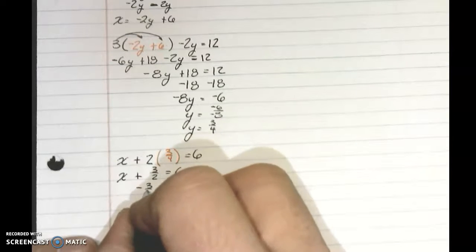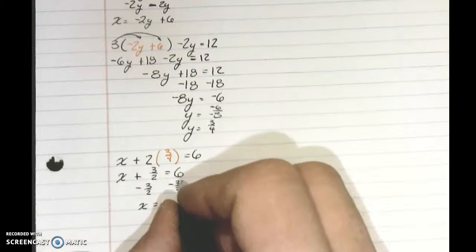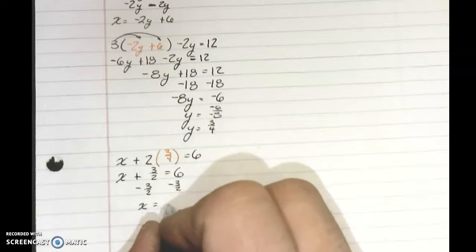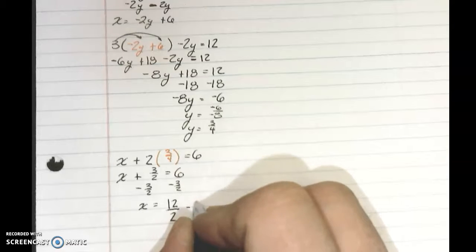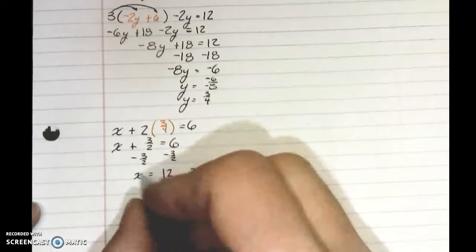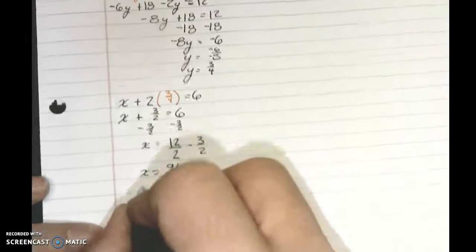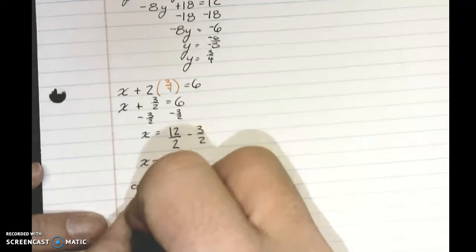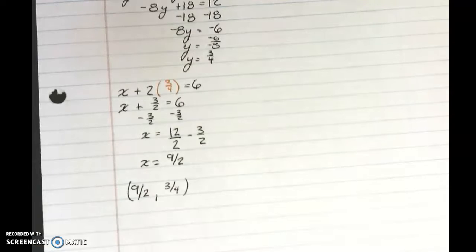I'm going to subtract 3/2. So if I need to, I'll even go old school. The common denominator is going to make that 12/2 minus 3/2. x is equal to, let's see here, 9/2. Okay, so then I state my answer just like that. And that is my answer.